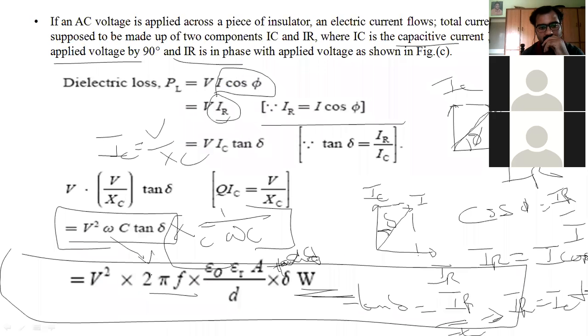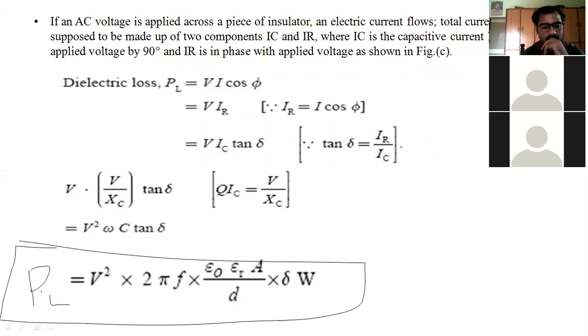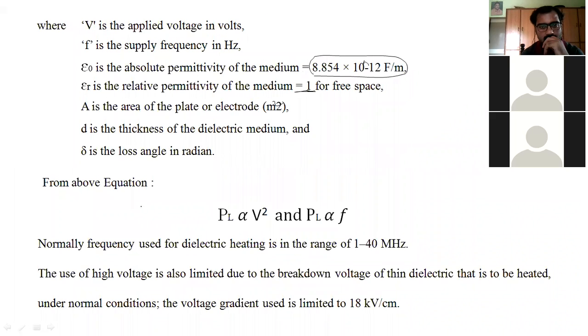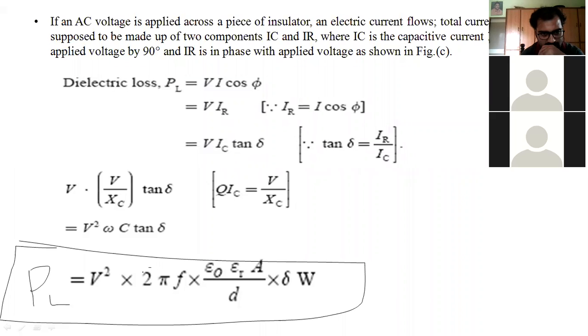So from this equation, that is PL. From this PL, we can say, when we consider this, because this 2 pi is constant, epsilon naught is constant, epsilon r is constant, the area is going to be constant, D is constant.